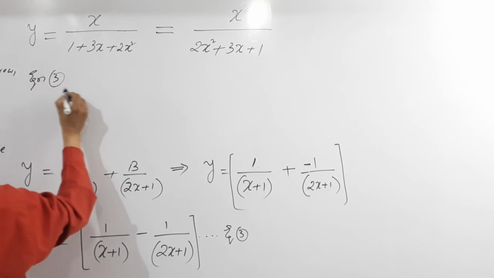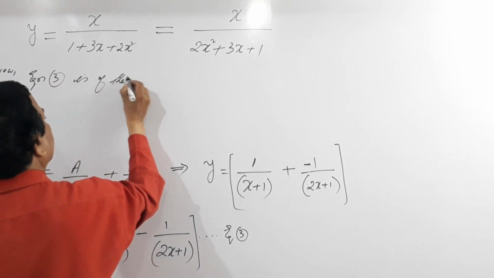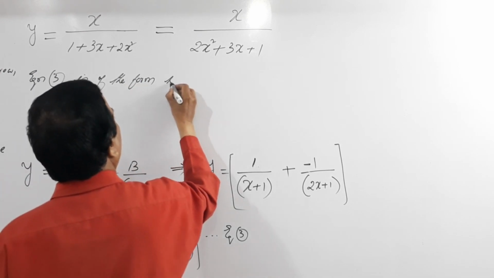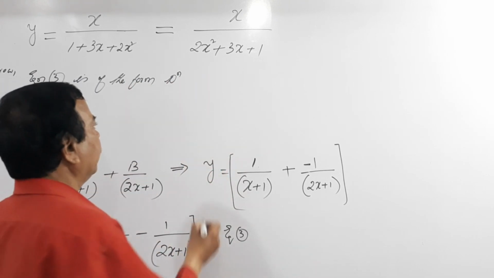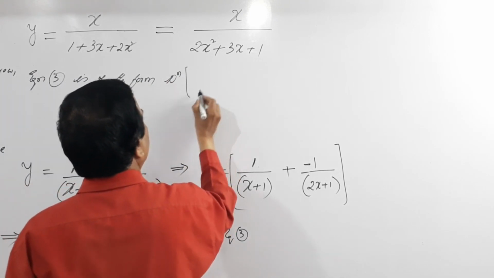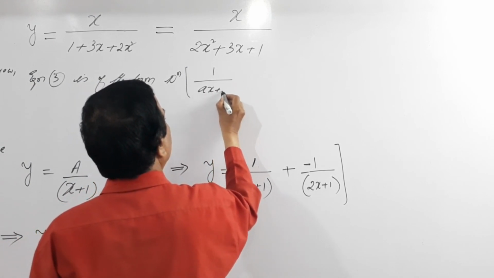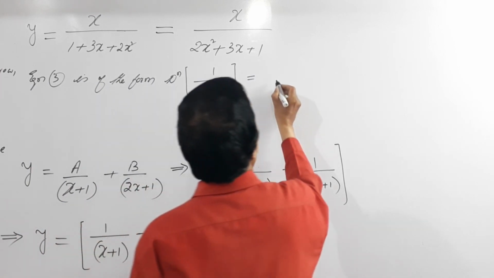Equation 3 is of the form d to the power of n of 1 by ax plus b, and the solution is what?